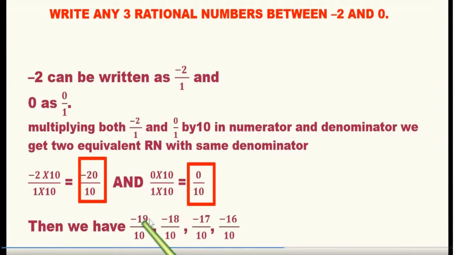It means they are going on the right side of the number line. Therefore, minus 18 is greater than minus 19. When we move towards the right side of the number line, the rational numbers that we get will be always greater than the previous rational number. Thus, we got three rational numbers between minus 2 and 0.